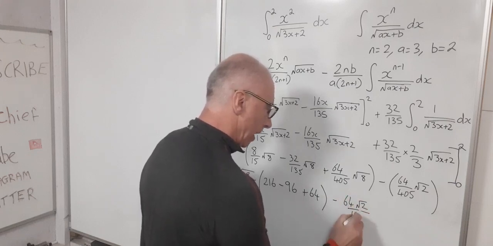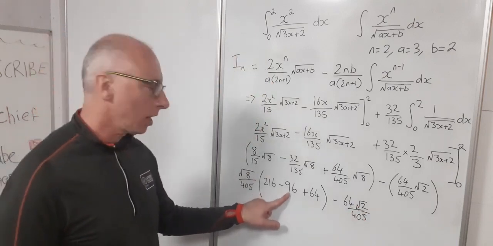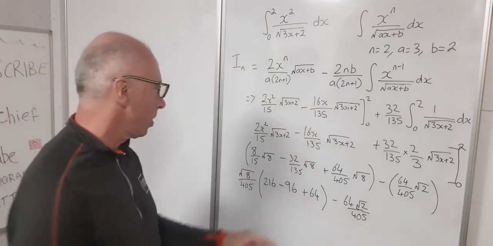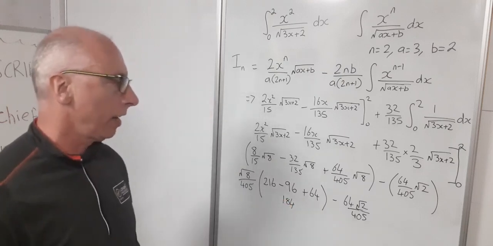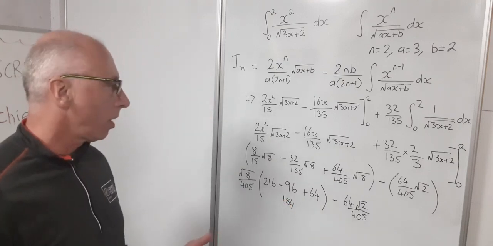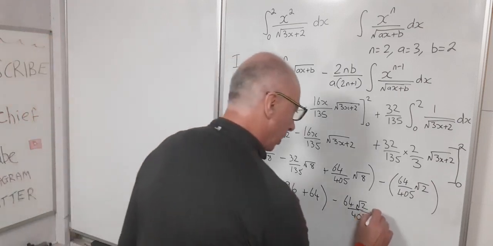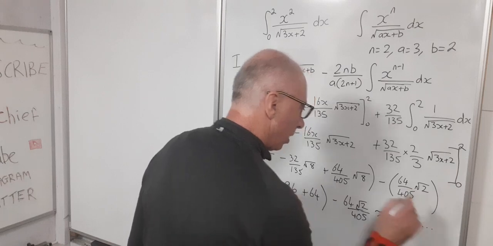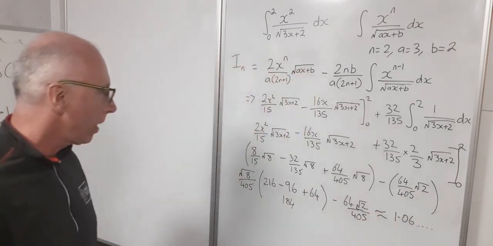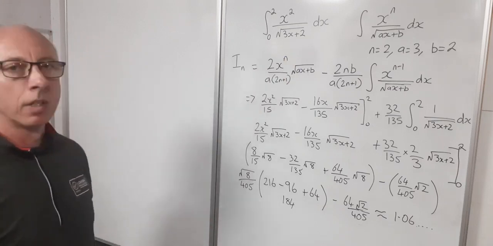Let's just put that in there. Okay, 216 minus 96 is 120, so that's going to give me 184. Okay, and this one here, that stays as it is. So let's plug all that into a calculator and hopefully you'll get something that's approximately 1.06 and some more. So that's the value of this integral using the power reduction formula.